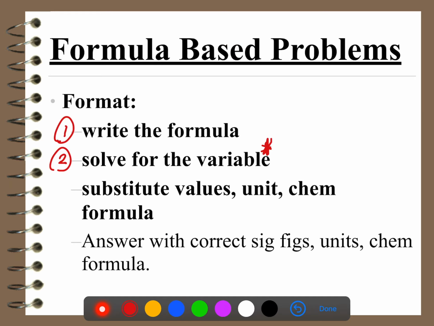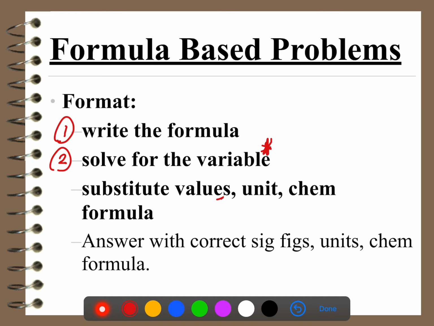Now, once you have solved for the variable, you substitute in values, but those values also have a unit of measurement. And if they're talking about a certain chemical, it also has to have the chemical formula. So number, unit, label.